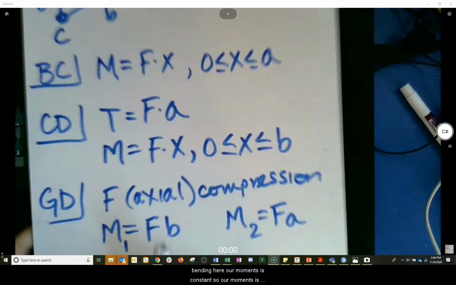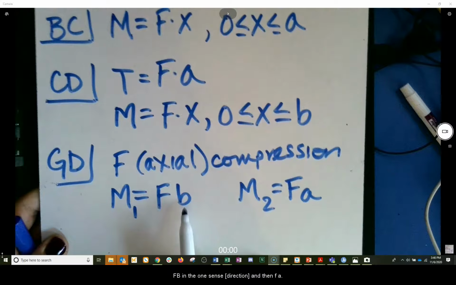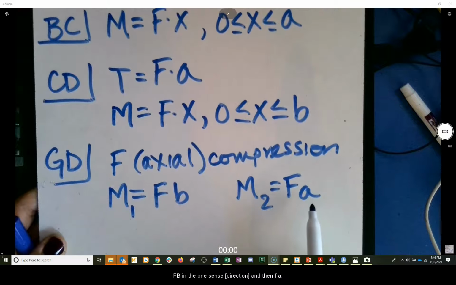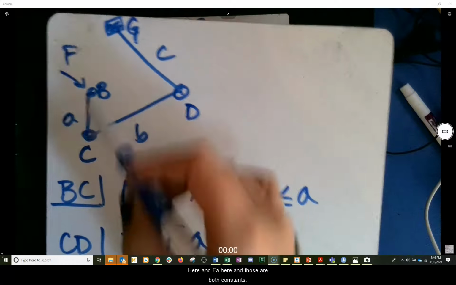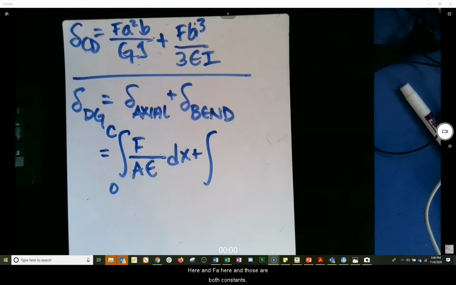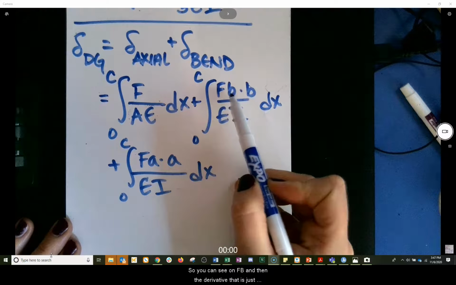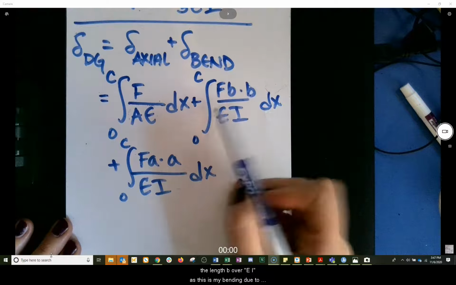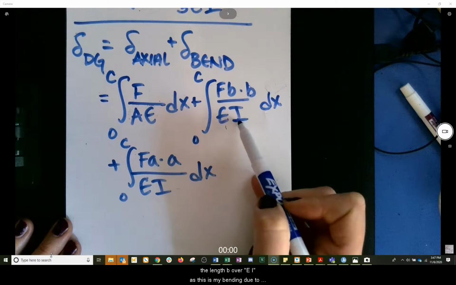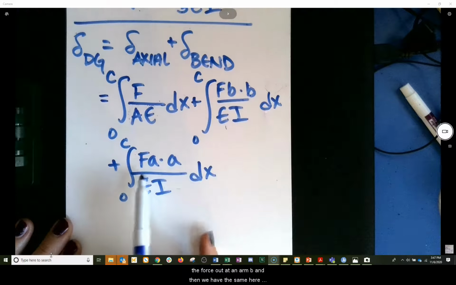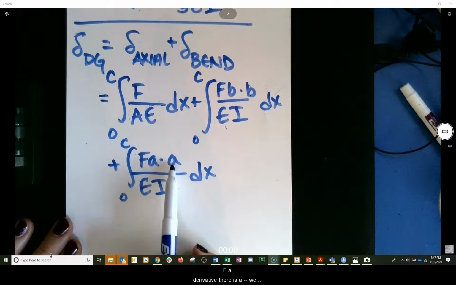Our moment is FB in the one sense, and then FA, and those are both constants. So FB, and then the derivative of that is just the length B over EI. This is my bending due to the force out at an arm B. And then we have the same here, FA, and the derivative there is A.